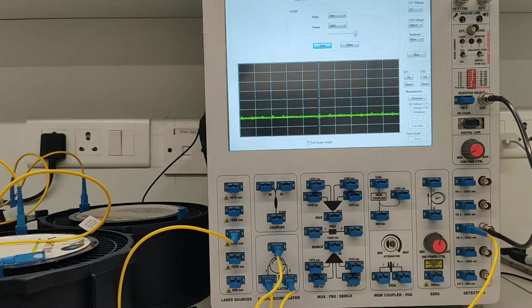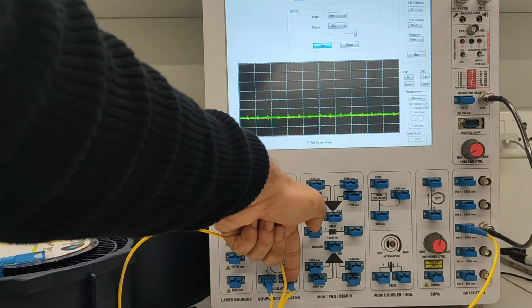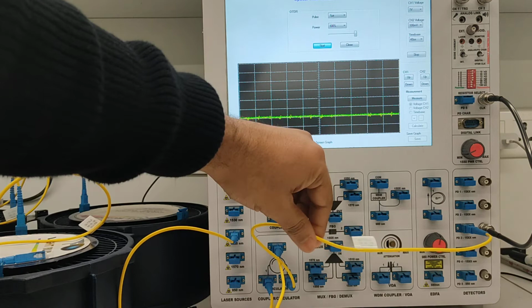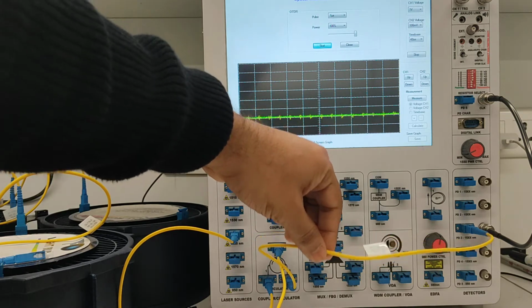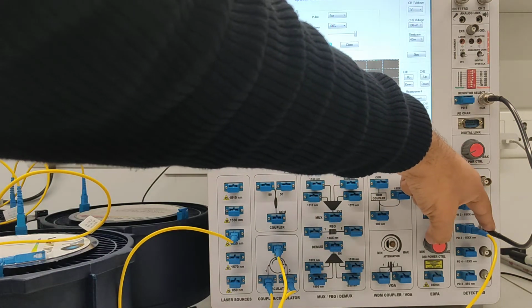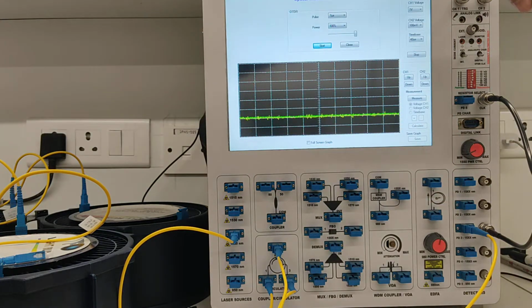The reflected ray will come back and reach port 3. Port 3 has been connected to photodetector 3 with this patch cord. To see the reflected waveform, we have connected the respective port to channel 2 of this DSO, which is attached to this Lightrunner system.